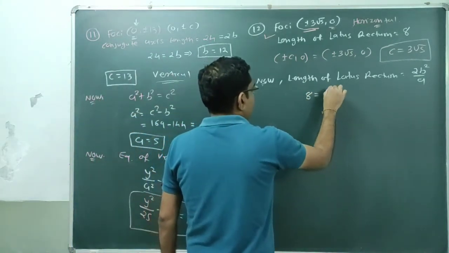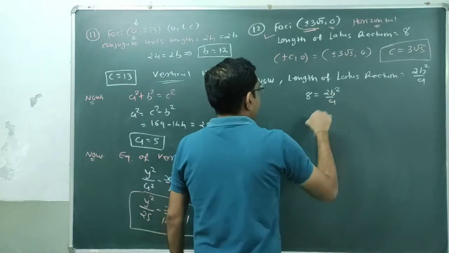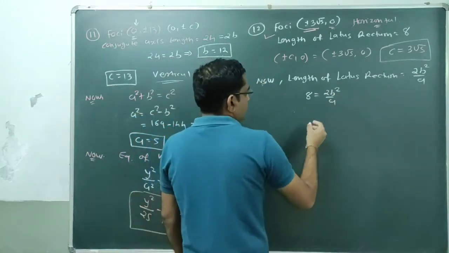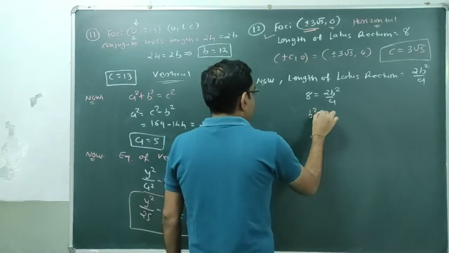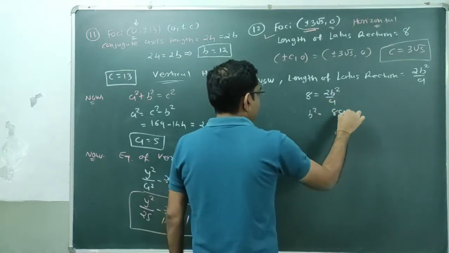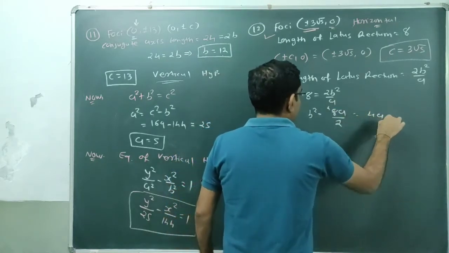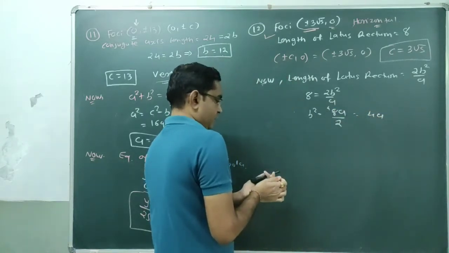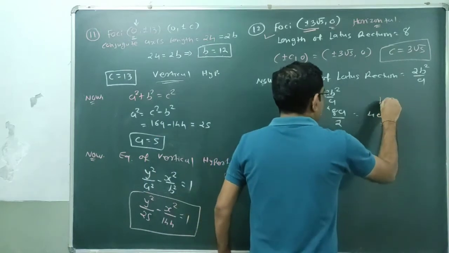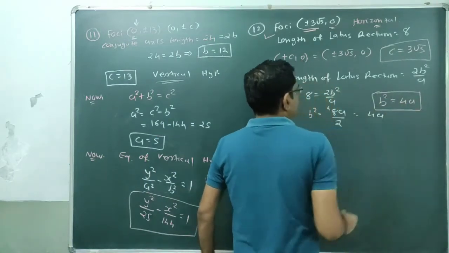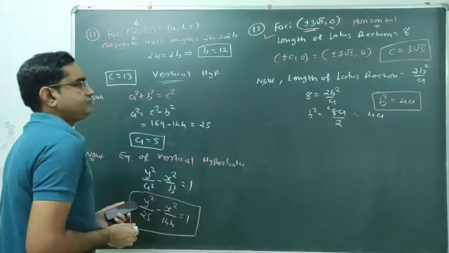So 8 equals 2b square by a. Now we can write b square equals 8a by 2, which is 4a. So b square will be 4a.